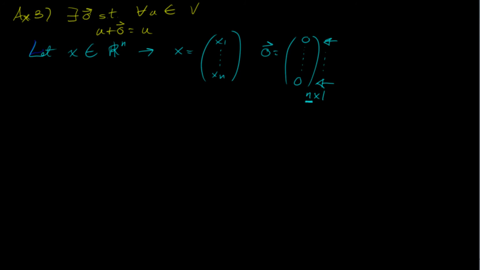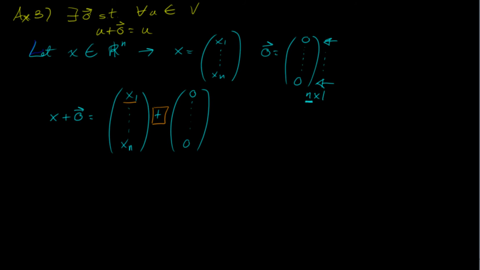Okay. So if we actually do x plus the zero vector, always write this out, do it step by step. That's equal to x1 through xn plus the zero vector, which is just a bunch of zeros. And if we add this, we defined the addition operator in Rn as you add this component to that component, and so on until this component plus that component.